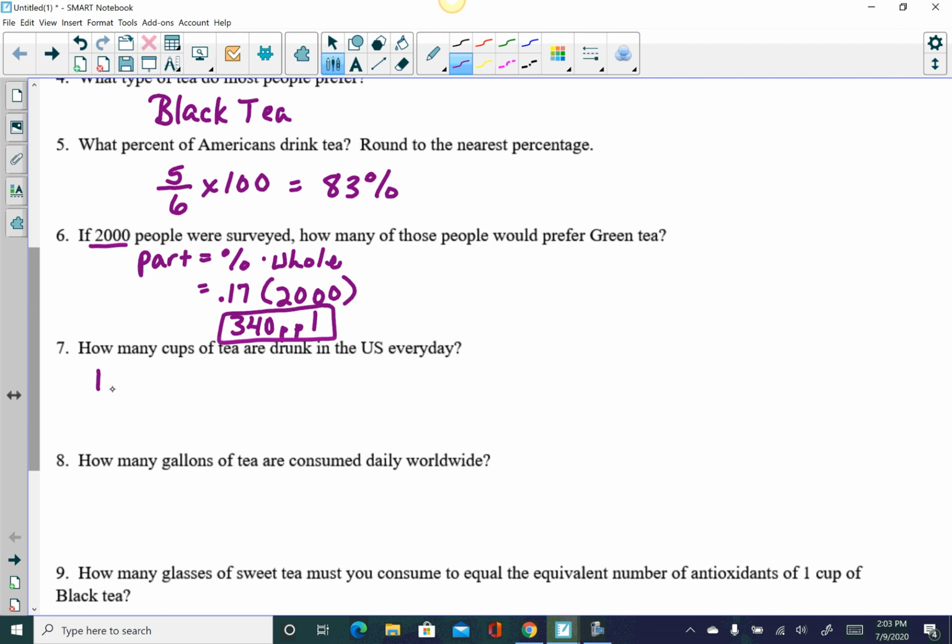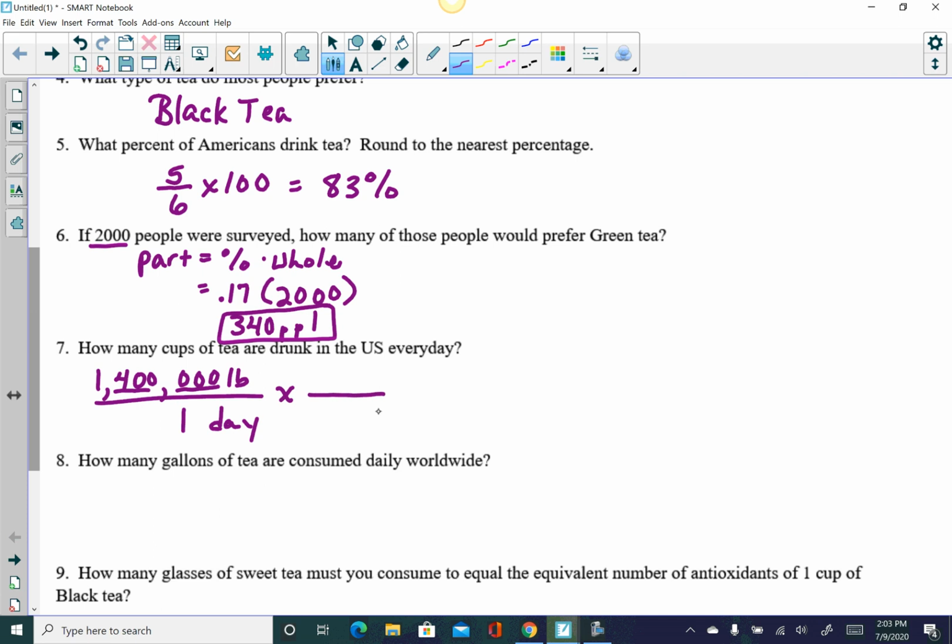Remember, the 1 is in the million spot. Then these are your thousands. Remember, there's ones, tens, hundreds, thousands, and there's your millions. So 1 in the million spot, your 4 goes directly behind it, and then fill in everything else with zeros. And that would be pounds for every 1 day. And we just need to convert that into cups per day. So we just need to go from pounds to cups.